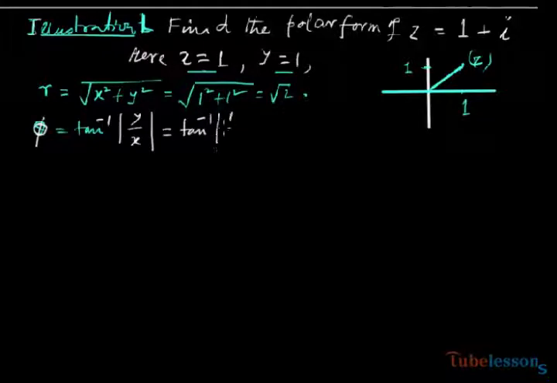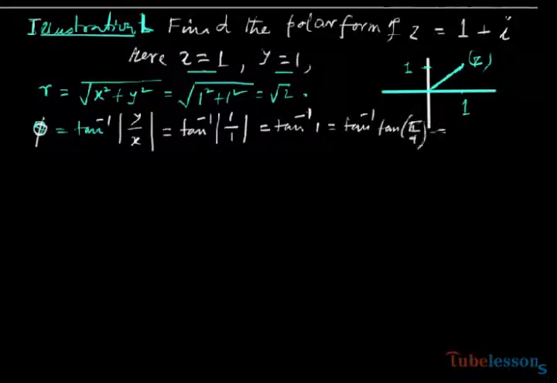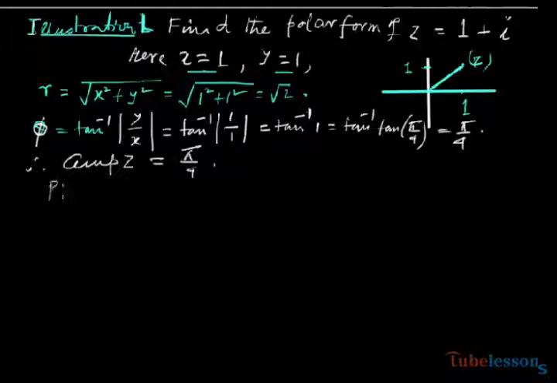Here y and x both are 1, so tan inverse 1, that is pi by 4. Therefore amplitude of z is equal to pi by 4.